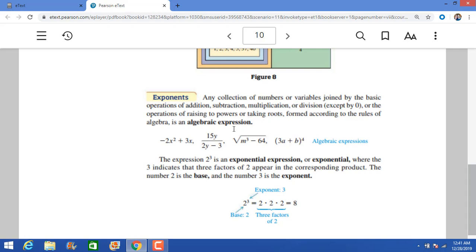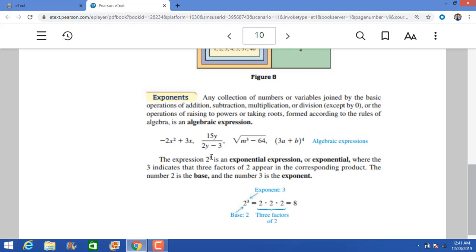So all of these examples down here are what we call algebraic expressions, because they're letters and numbers that are put together by one or more of those operations. The expression 2 to the third is an exponential expression, or exponential, where the 3 indicates that 3 factors of 2 appear in the corresponding product.